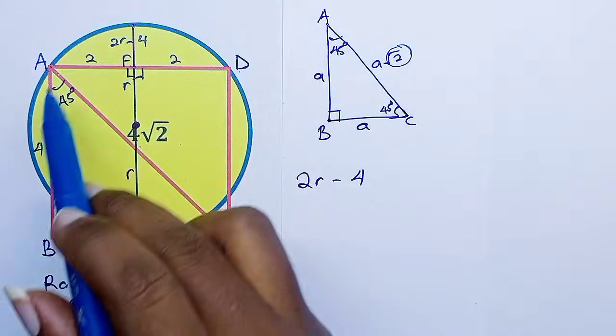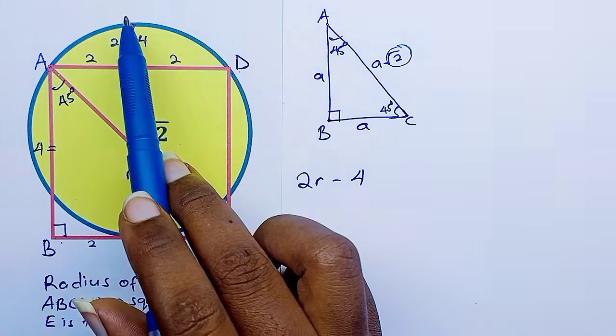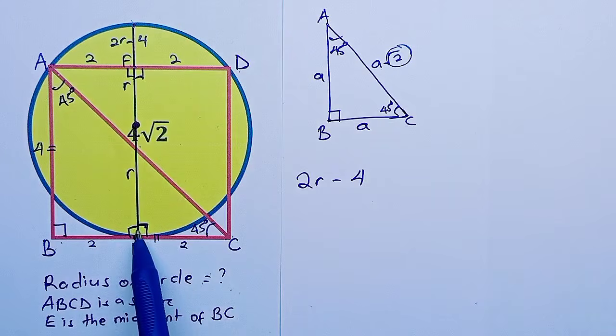Now, if you look at the circle, we have two chords. We have this chord AD and also this chord here.